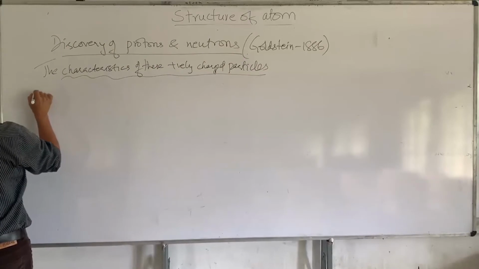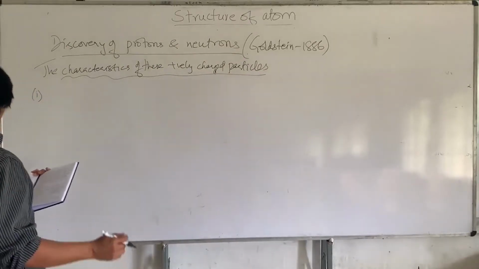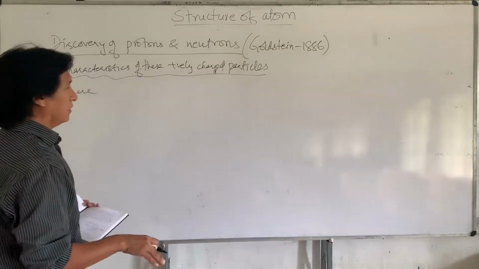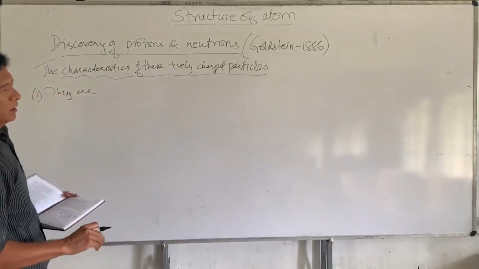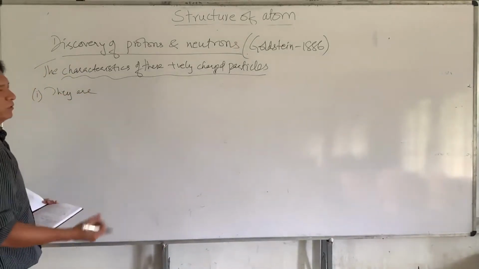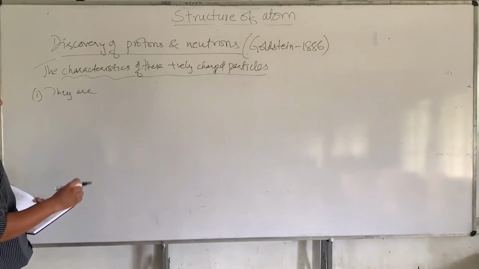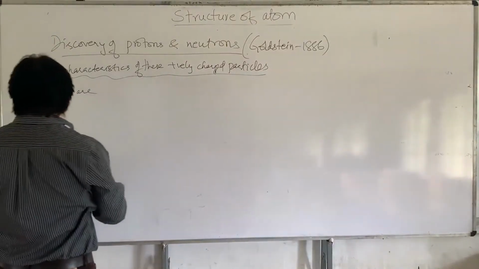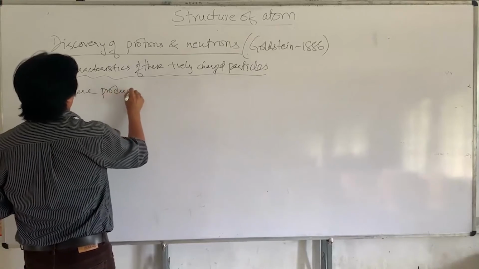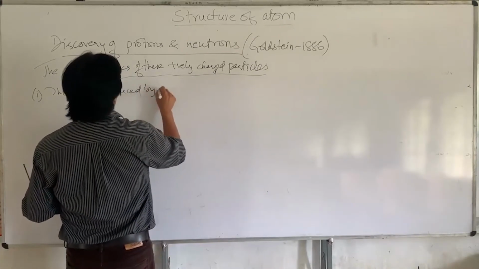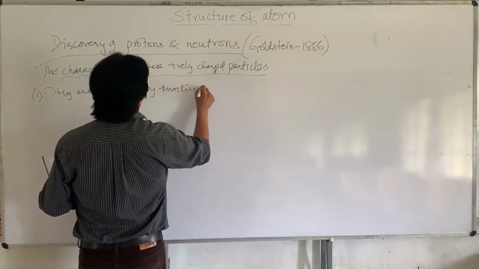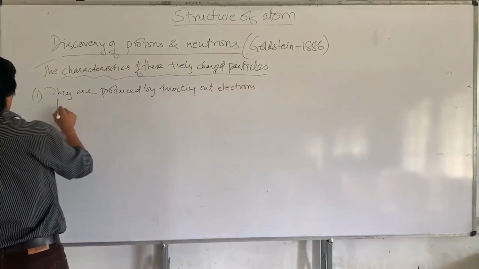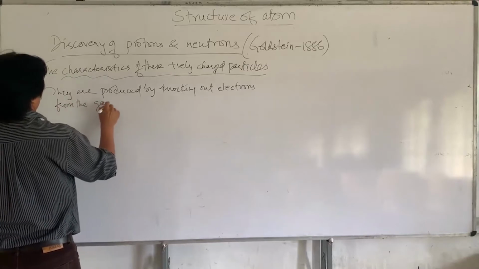The first thing is that these positively charged particles are not produced or emitted from the anode as such, but they are obtained by knocking out electrons from the gaseous atoms.